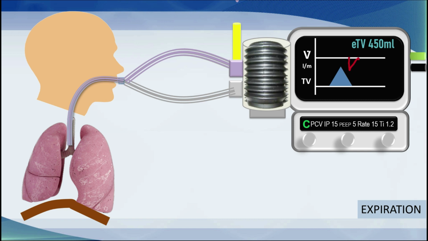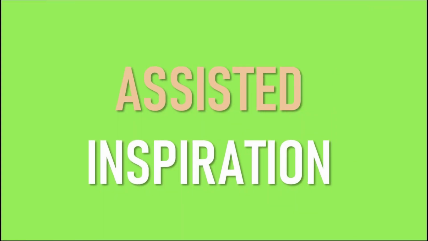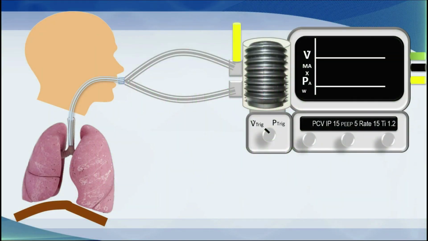Now that's pressure control, but this is pressure assist control, so something slightly different must happen on the assisted breath. So let's add a patient participation element. Unless switched off by neuromuscular blockade or high-dose sedation, particularly with opioids, the human diaphragm is always in motion and the patient will want to take a breath.